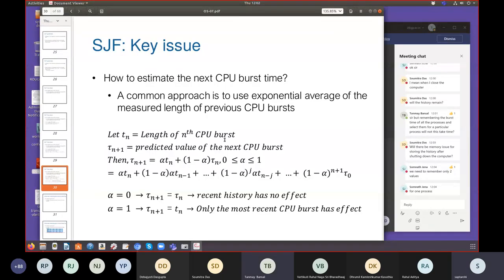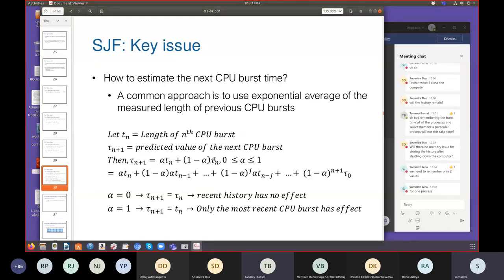It's PCB. PCB is of course being maintained. That is what we have been discussing over the last week or so. So what extra will you need to do for this scheduling? Say the kernel wants to estimate the next CPU burst time. What extra is having to be done? Okay, sir.